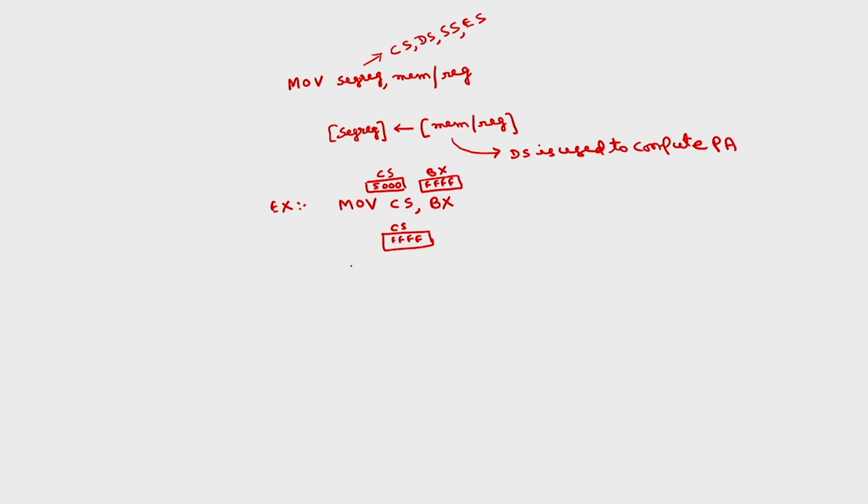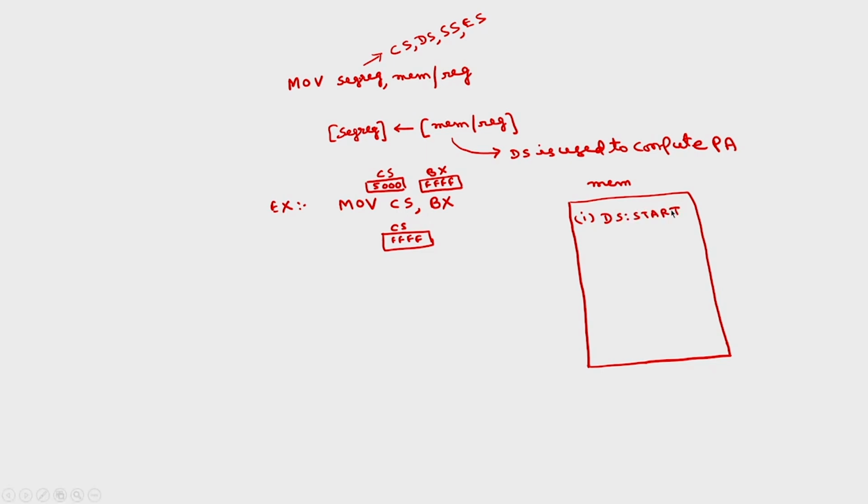Then from memory. Yesterday also we discussed there are different addressing modes. Wherever the memory comes, that memory comes from one of these combinations. Memory options are: one, you can specify DS comma start in case of direct addressing mode, for which I gave the example in the last class.